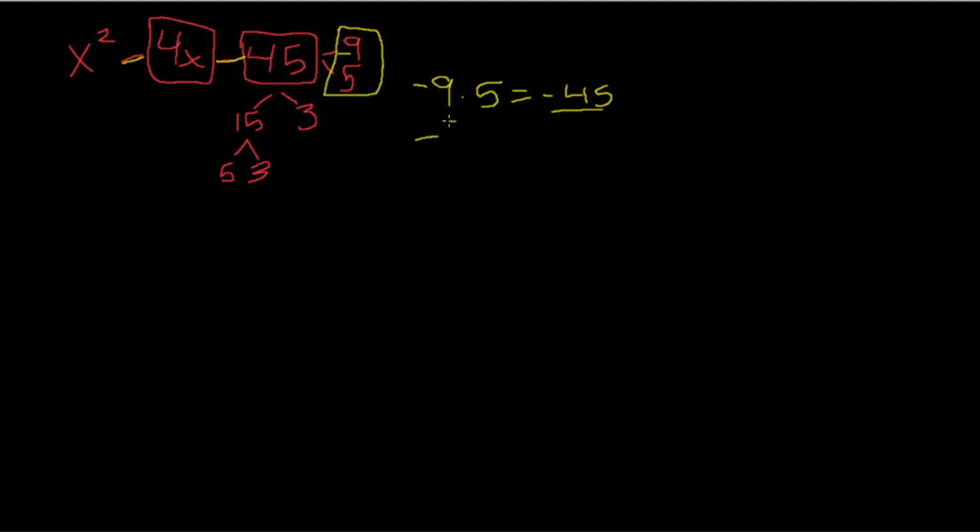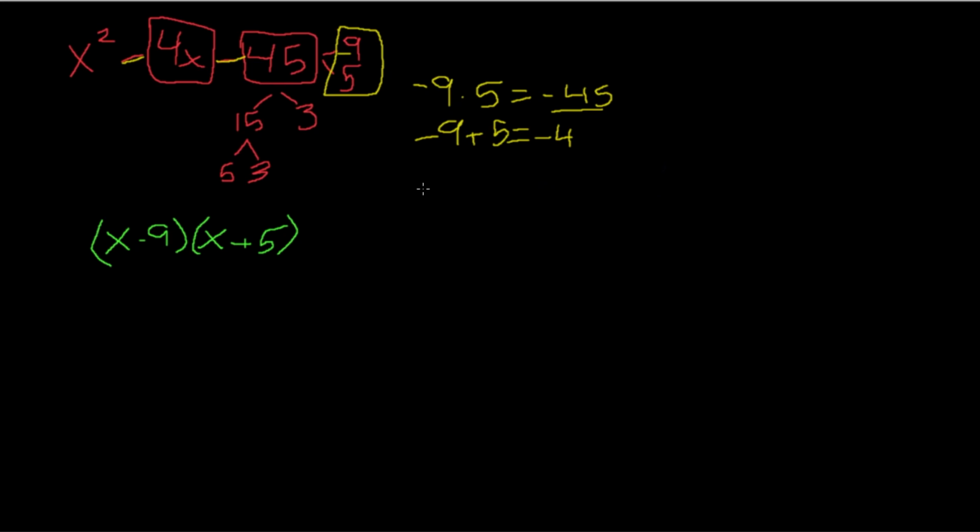And then negative 9 plus 5 equals negative 4, which is this one right here. Perfect. So now, all you do is separate x squared into two x's, so you have x minus 9 parentheses x plus 5. There we go.